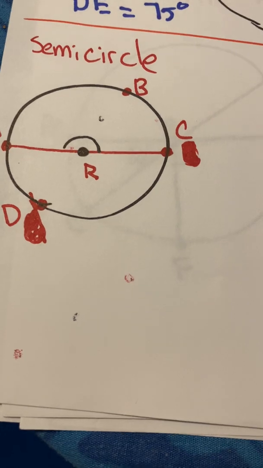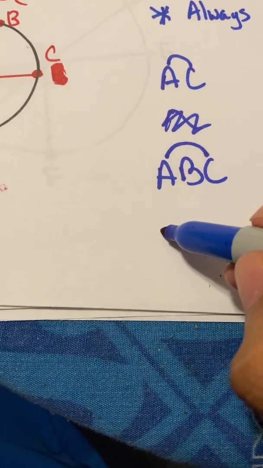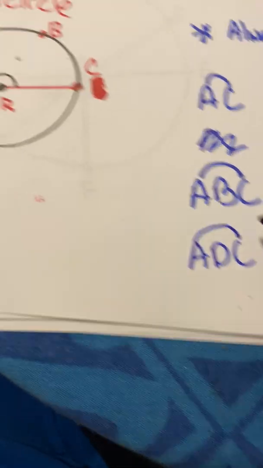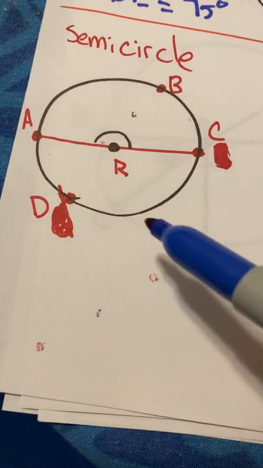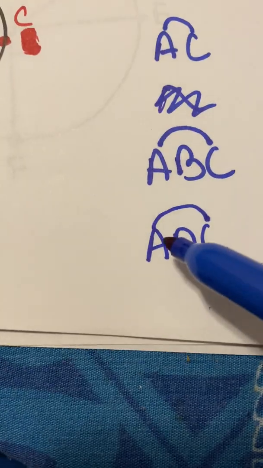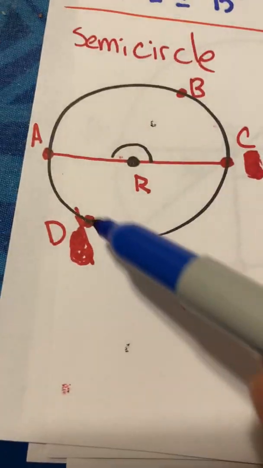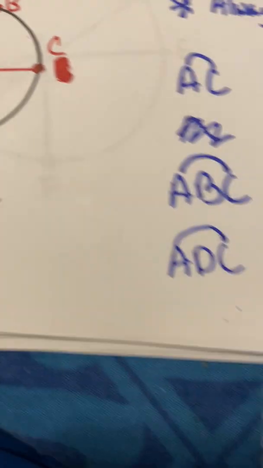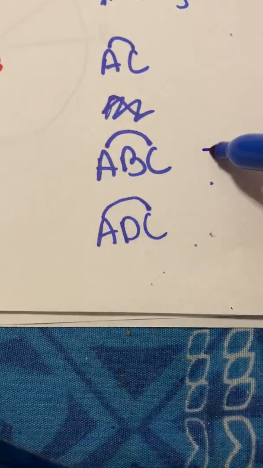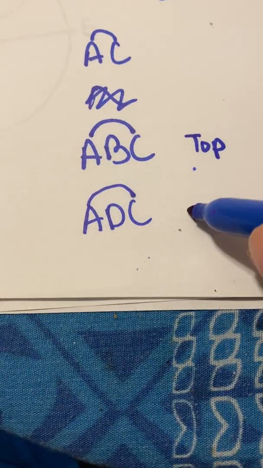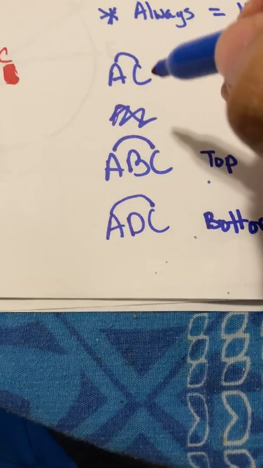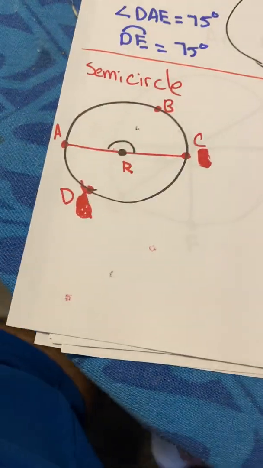If we're talking about the bottom, then we would say ADC, which means that we're connecting A to C with D in the middle. So that means we're talking about the bottom. So this one up here was the top, and this one was the bottom. Hopefully that made sense.